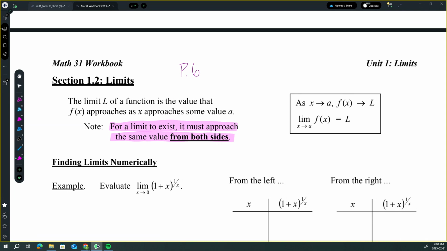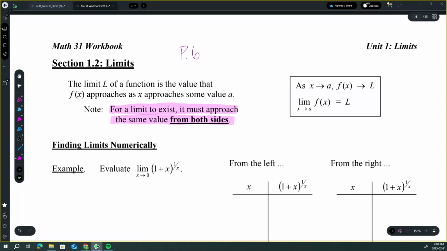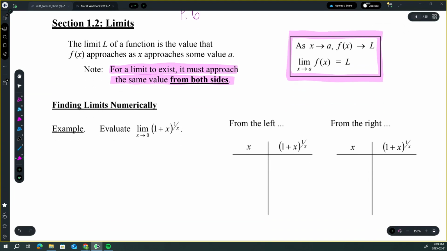When x approaches some value a, y has to approach the exact same value from both the left-hand side and the right-hand side. If you want to highlight the shorthand version of saying the exact same thing, that's on the right-hand side there.